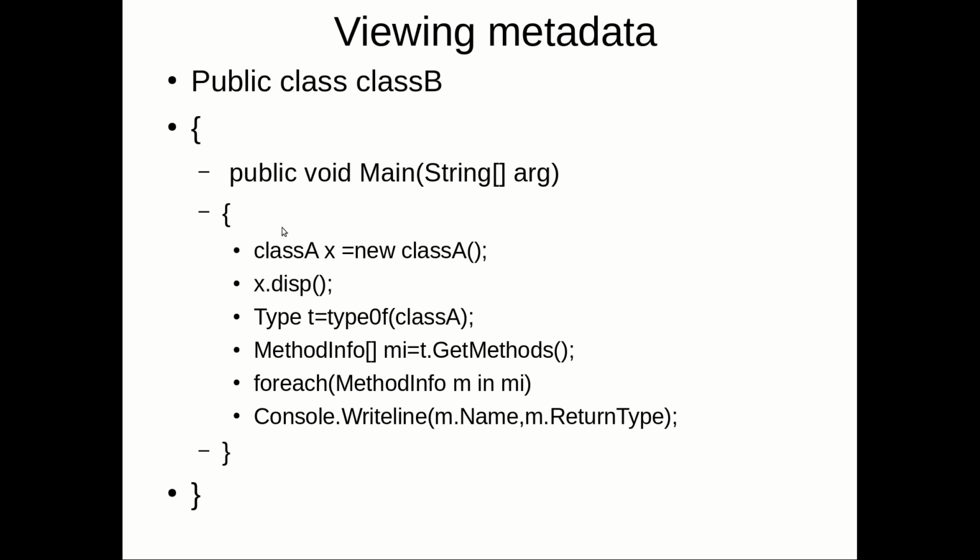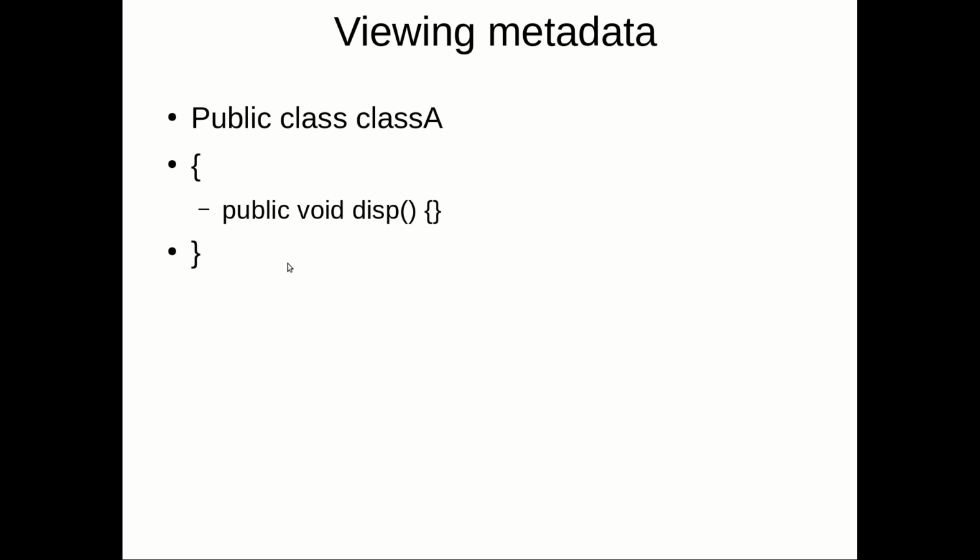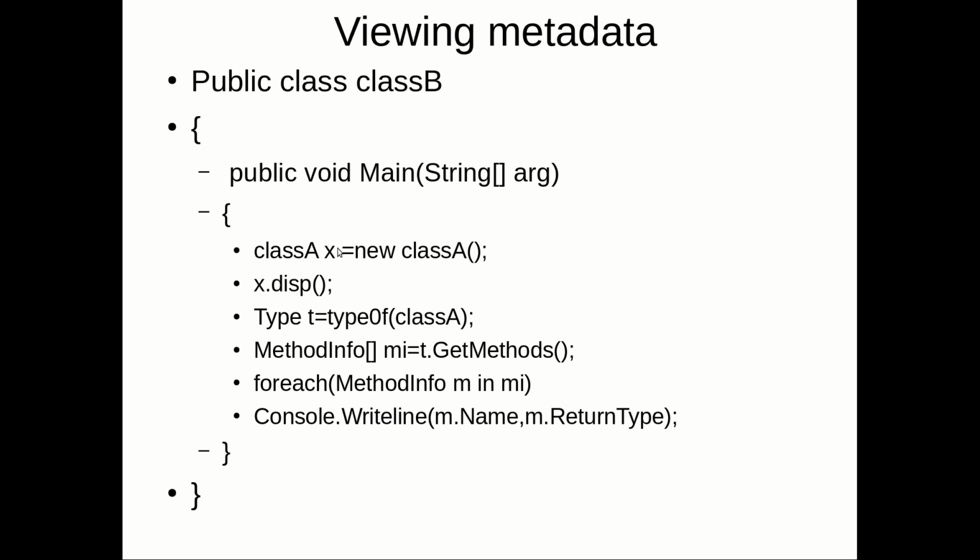You are going to define an object here, object X of class A type. Where is class A? I have defined class A, which has one display method. Then I am just invoking the display method, just to make sure this object is working fine.